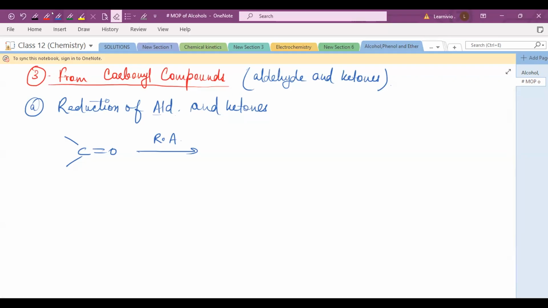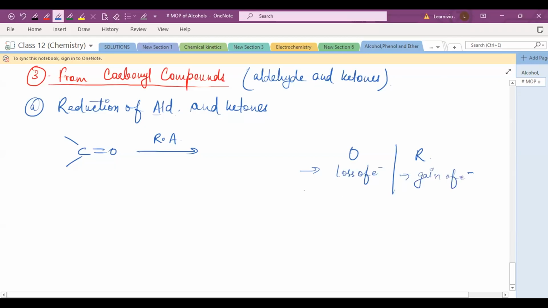ऑक्सीडेशन क्या होता है या तो ये पहले समझना जरूरी है, what is oxidation and what is reduction. सो ऑक्सीडेशन इज when you are talking about in terms of electrons, so loss of electron is your oxidation and gain of electron is your reduction, right?